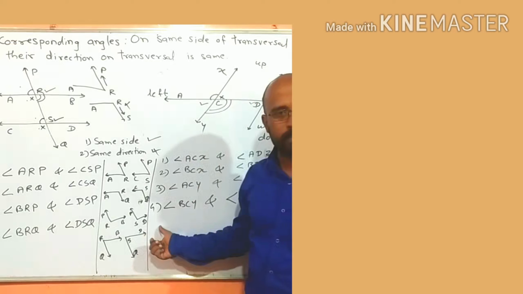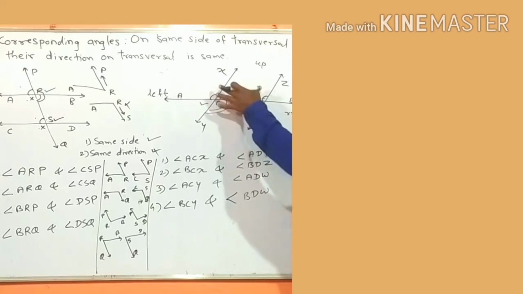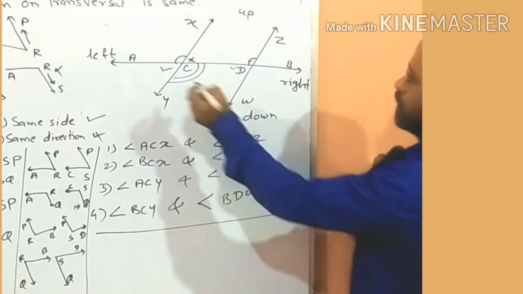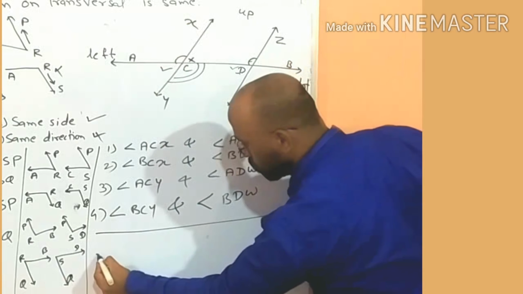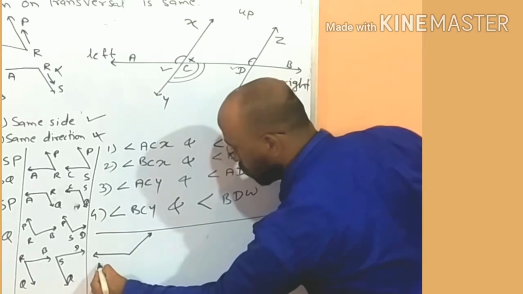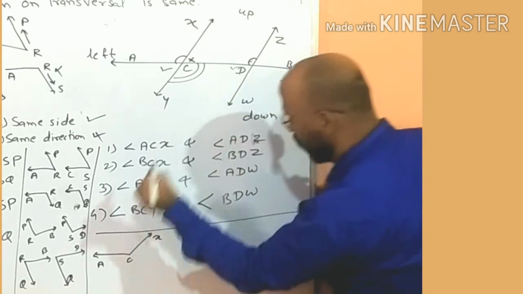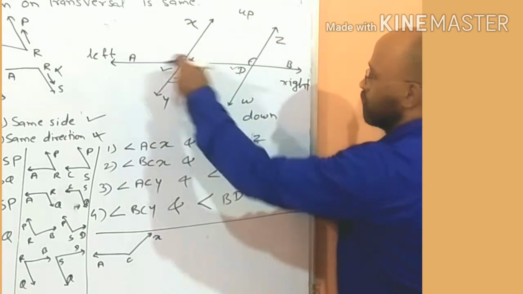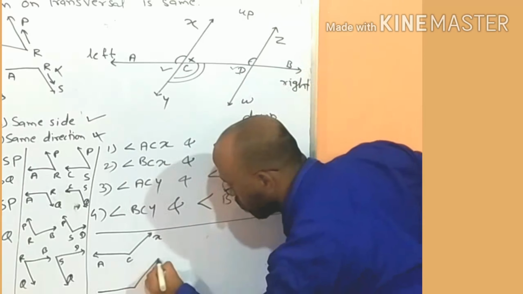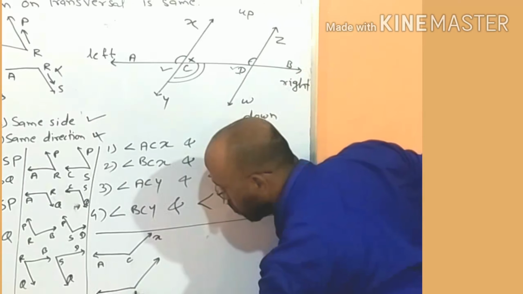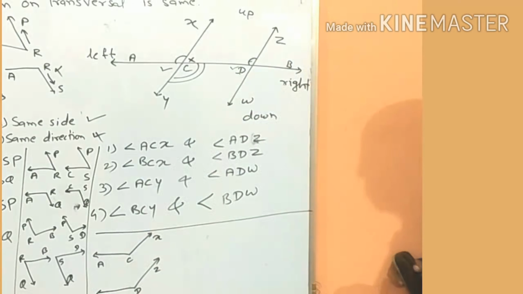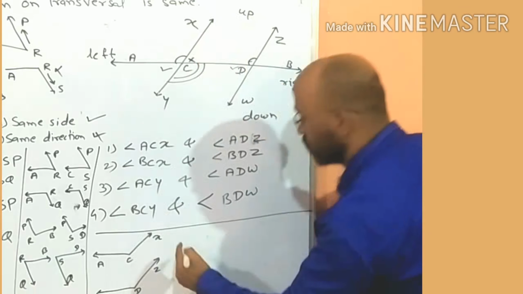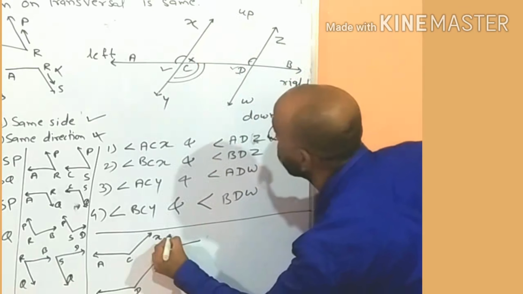Found it interesting? So this thing we can cross verify in this figure also. First is ACX and ADZ. ACX is like this. So naturally ADZ also will be same. Got it? Next is BCX. BCX is like this.